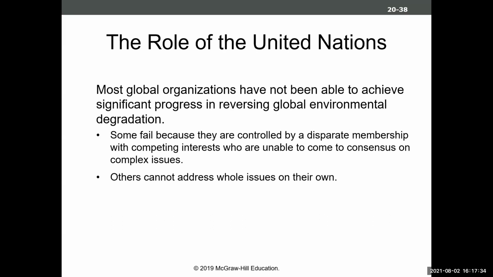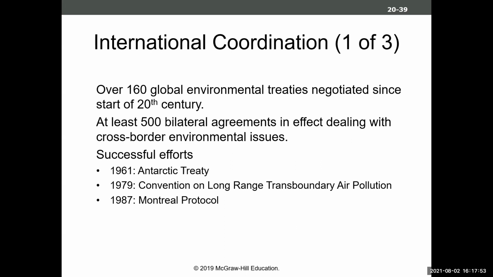Most global organizations haven't been able to achieve success in reversing their role in harming environments. Some fail because they have competing interests. Others just can't fix it on their own. They need other nations or groups to kind of jump in and aid in that, especially if it's a large ecosystem that's cross-boundary, or a large resource that's cross-boundary.